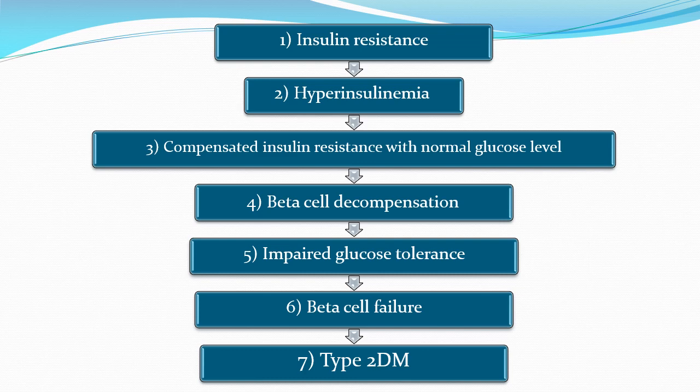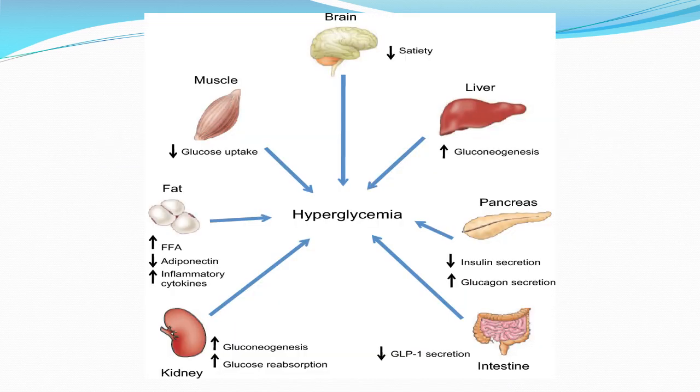Finally, after failure of the beta cell to cope with the blood glucose level, there will be impaired glucose tolerance, which is stage 5. As this continues, there will be complete failure of the beta cell to produce enough insulin to control the blood sugar, which is total beta cell failure, stage 6. Finally, this will result in the appearance of the clinical features of type 2 diabetes.